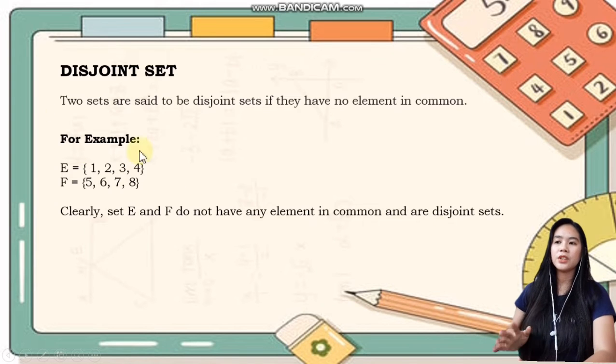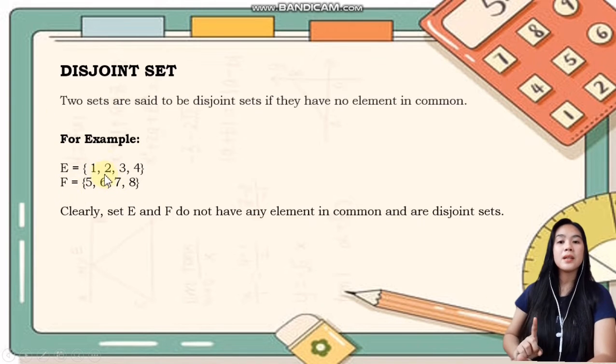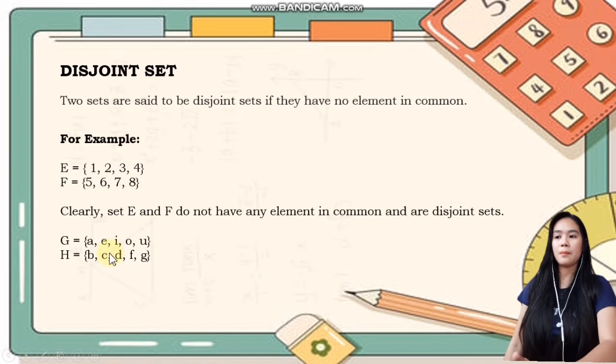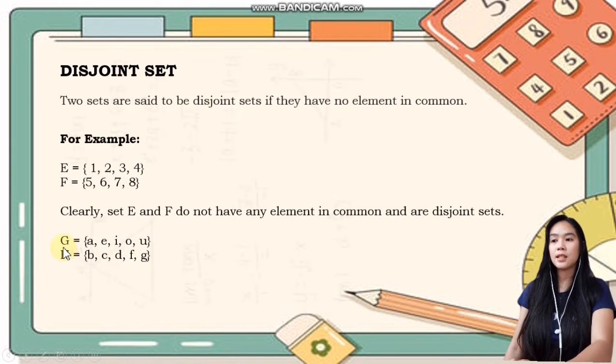So, masasabing disjoint ito kasi ni isang element sa dalawang set ay walang magkatulad. Another example is, let G is equals to A, E, I, O, U and set H is equals to B, C, D, F, G. Set G and set H are disjoint sets.